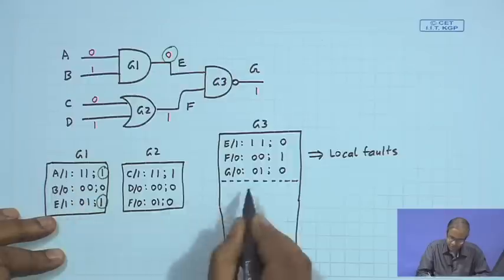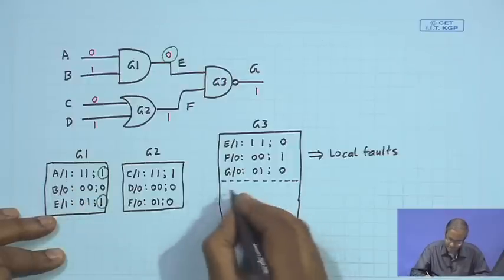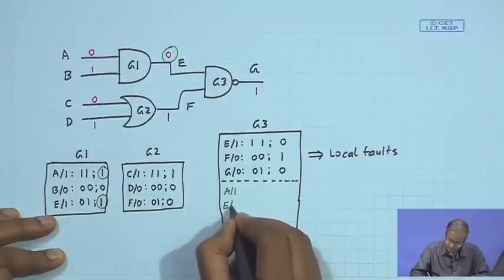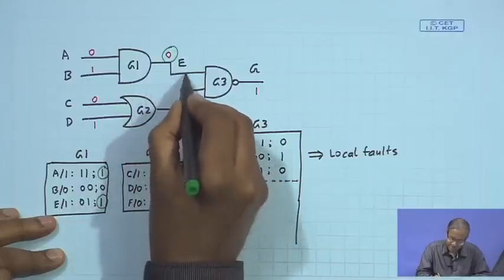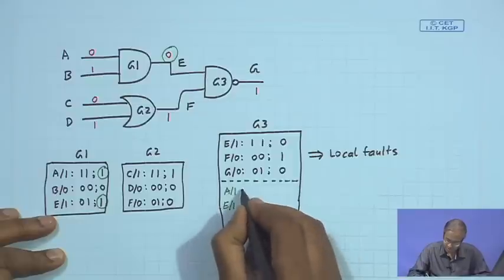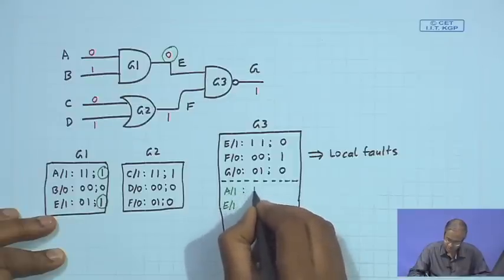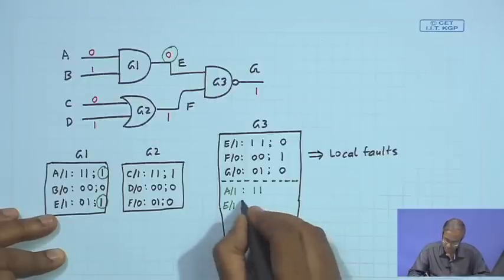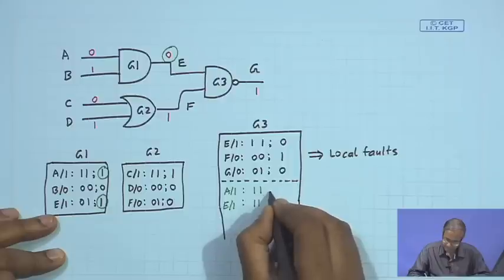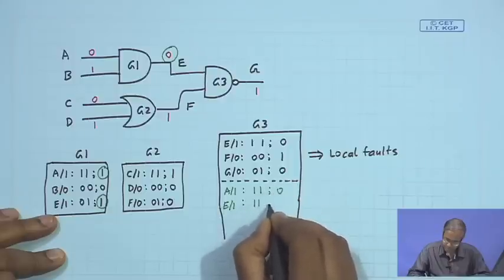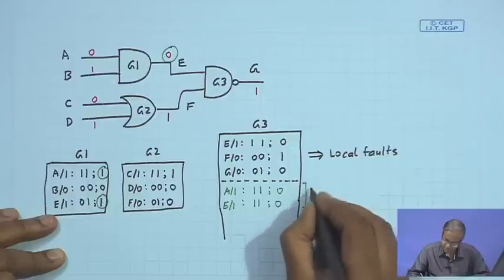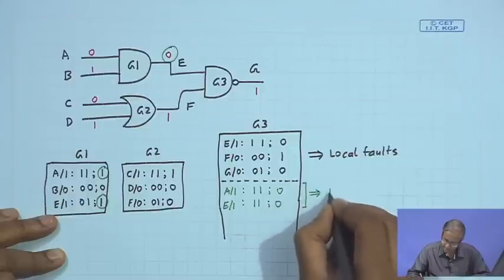So, these two faults will get added to this list. So, both A stuck at 1 and E stuck at 1 can make this first input as 1. So, this can make it 1 1, this E stuck at 1 also can make it 1 1. So, the output will be 0, right.